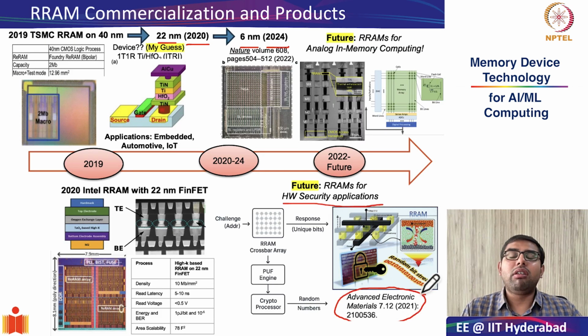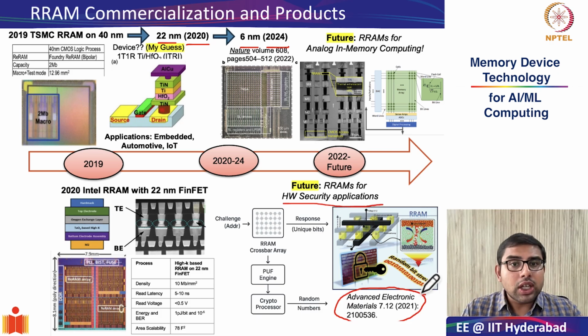But more importantly, the future of RRAMs is very rich, especially in the context of our course, because the most recent demonstrations of RRAMs, which are not commercialized yet, but even top companies like TSMC are working on it, use RRAMs for analog in-memory computing or more brain-like neuromorphic computing for dot product engines.